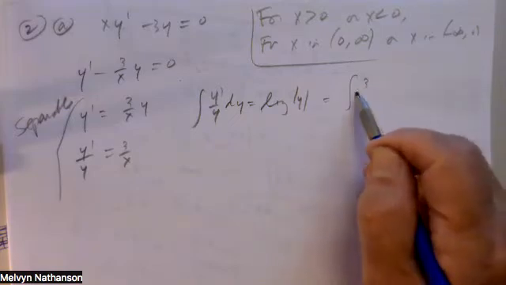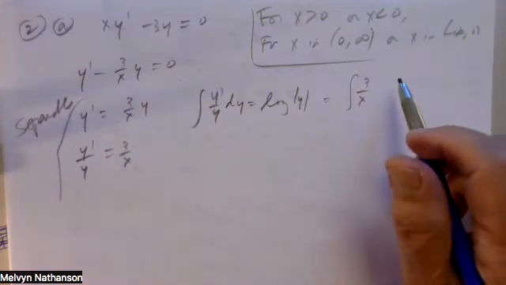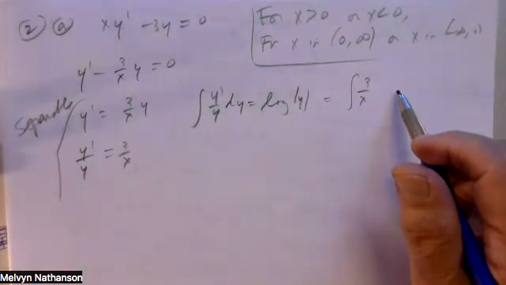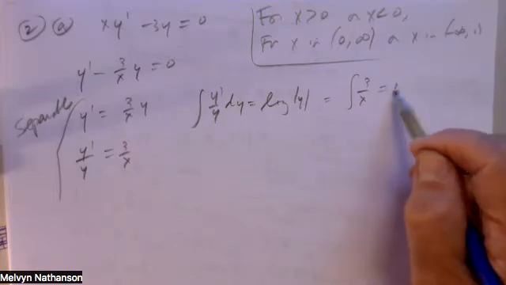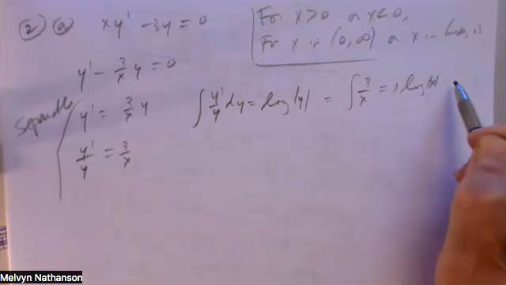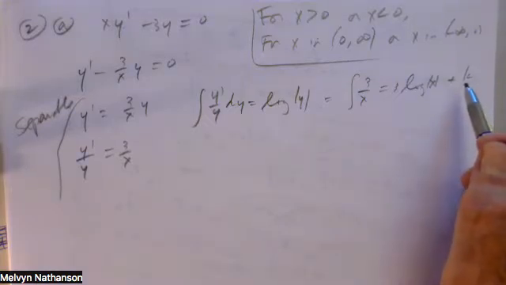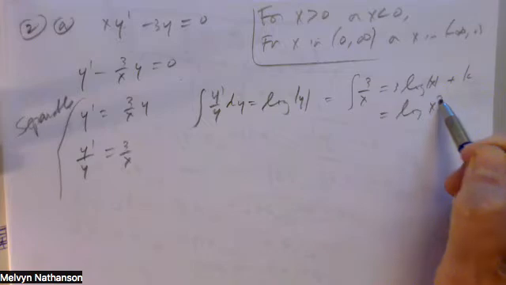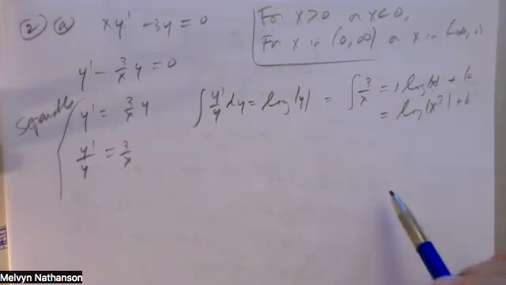And that's the integral of 3 over x, which is three log x plus a constant, or log of x cubed plus a constant, because 3 log x is a log of x cubed.